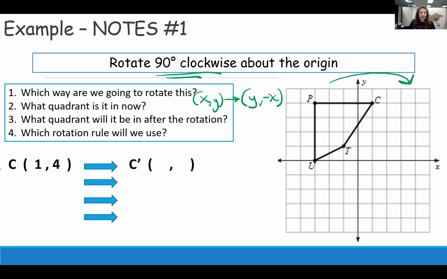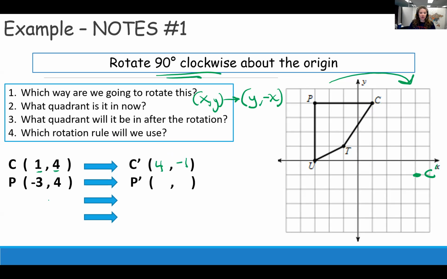So let's look at that. Here is a +1. We're going to move it to the back and it becomes a -1. The y, which is 4, comes to the front and stays the same. So letter C right here moves from 1, 4 to 4, -1. There's C prime. All right, what's the next one?